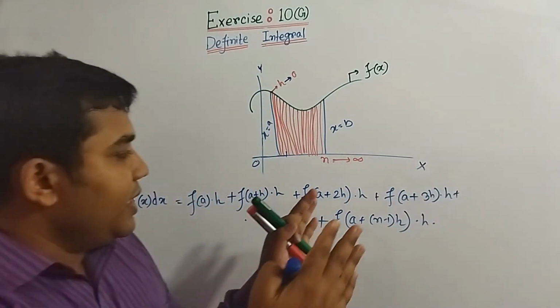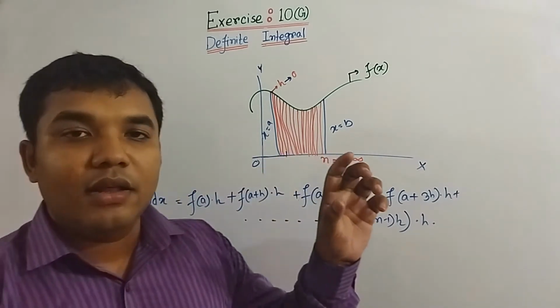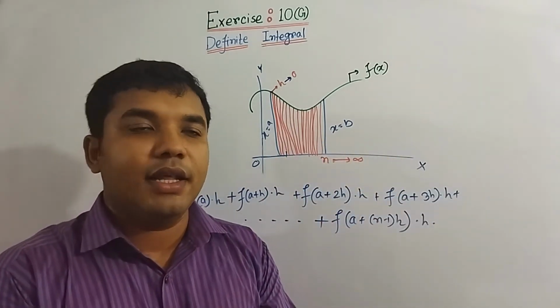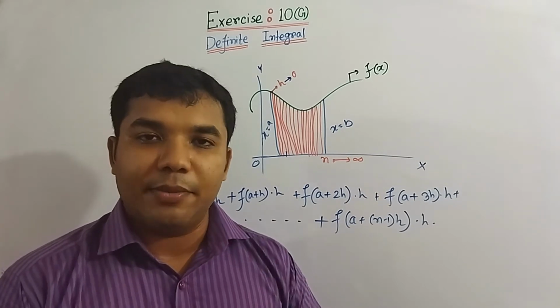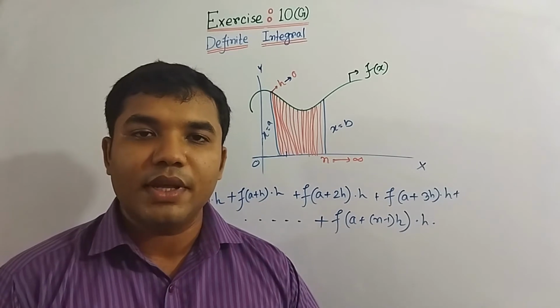So after doing all of that, that means for every rectangle, if we find the area and then add all the rectangles, we get the area. But my dear students, after doing all of that, we'll get a great error from our exact value.